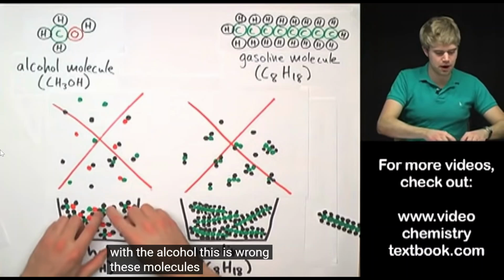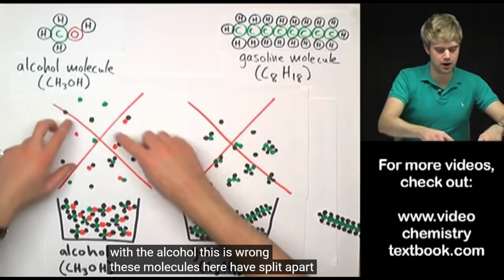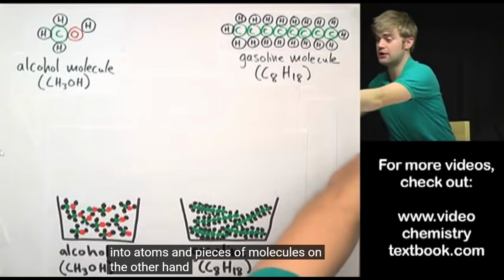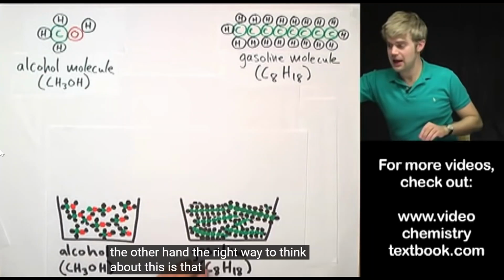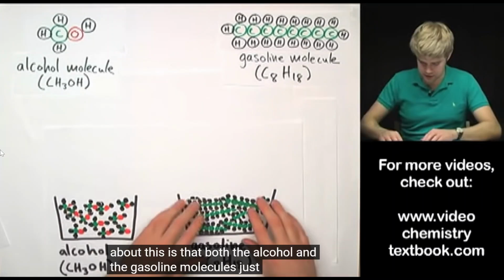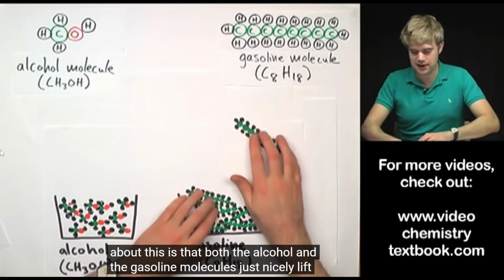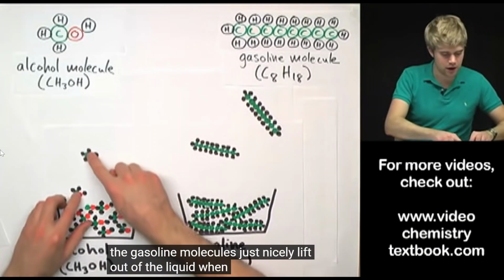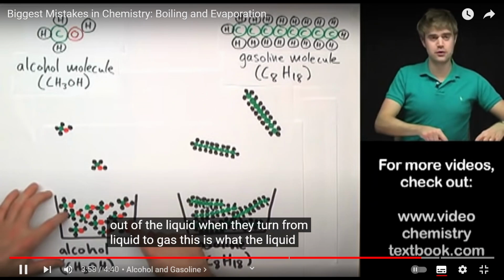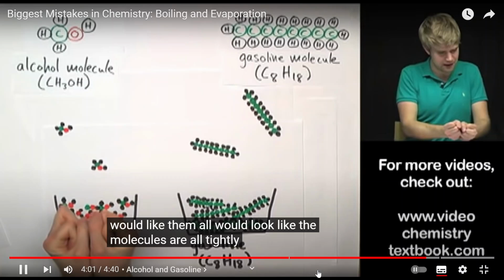These molecules here have split apart into atoms and pieces of molecules. On the other hand, the right way to think about this is that both the alcohol and the gasoline molecules just nicely lift out of the liquid when they turn from liquid to gas. This is what the liquid would look like. The molecules are all tightly packed together, and here's what the gas would look like.